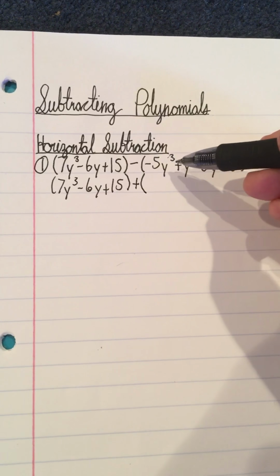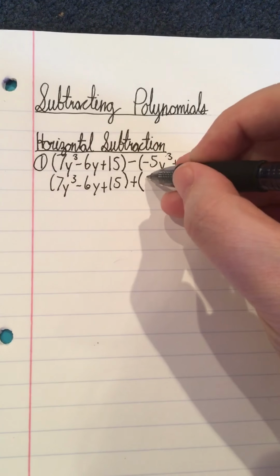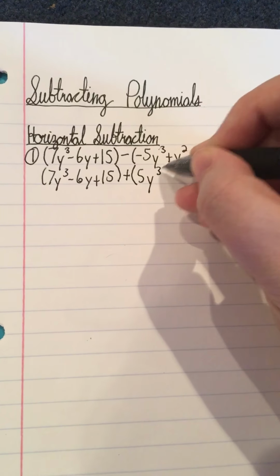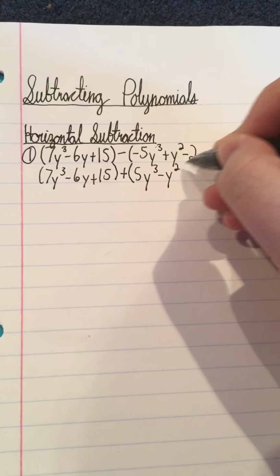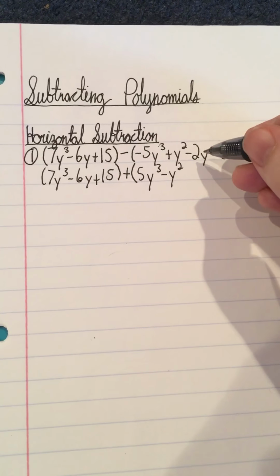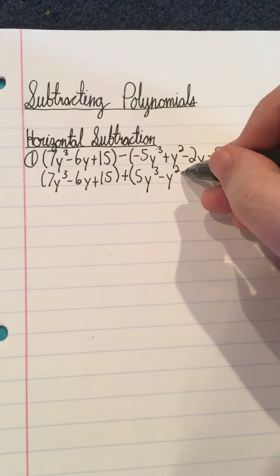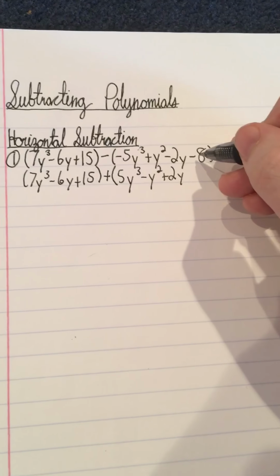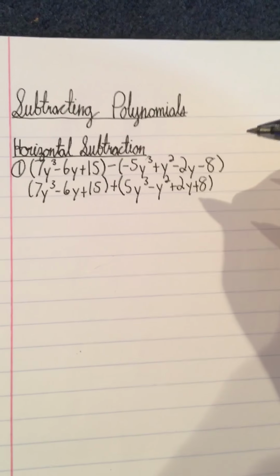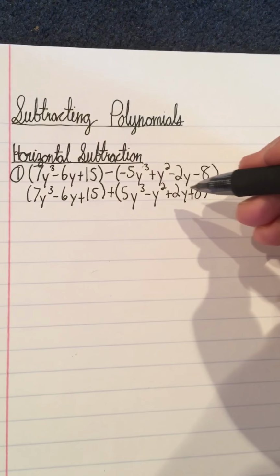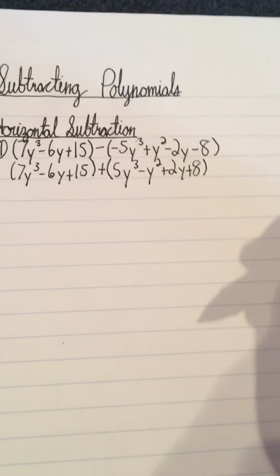So instead of negative 5, it'll change to a positive 5. And this will turn into a negative y squared. This will change to a positive 2y. And this will change to a positive 8. And now this looks just like what we were working on yesterday.